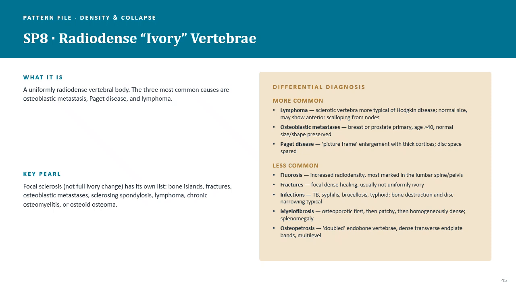It can also produce this ivory vertebrae, but the vertebrae itself usually stays its normal size. So again, there are several conditions, some of them less common, and they will cause this whiter or brighter pattern or appearance.